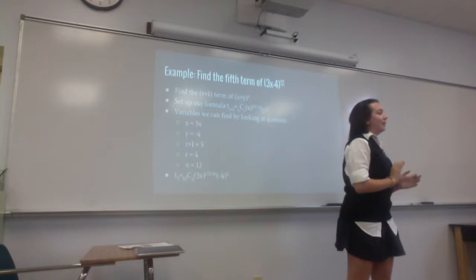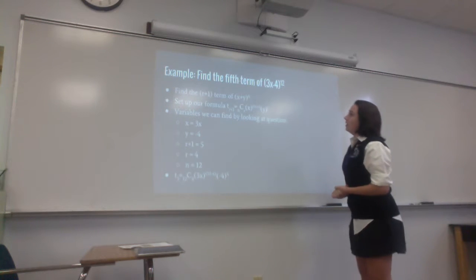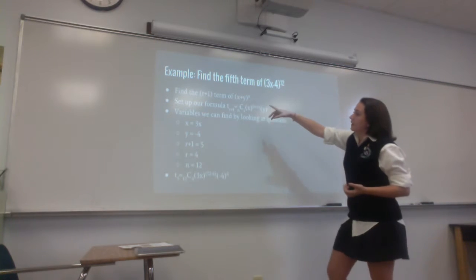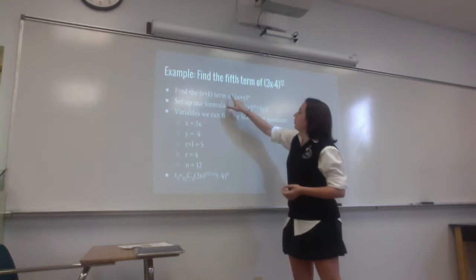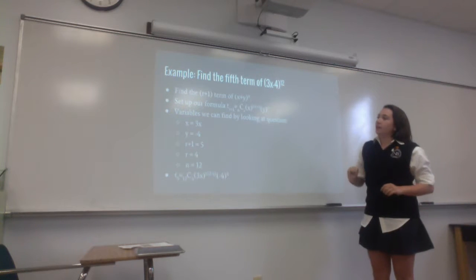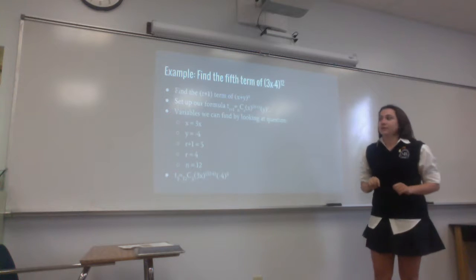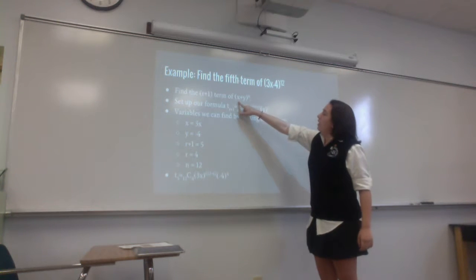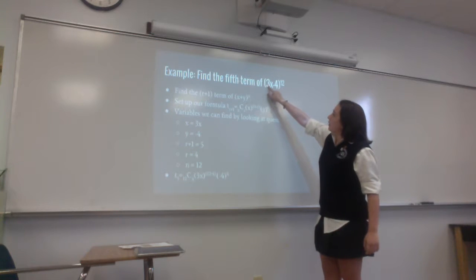By defining our variables. Another way you can read this example here is find the r plus 1 term of (x plus y) to the nth power. That makes it a lot easier when we define our variables. So, by referring to this, what would x be? It would be 3x.